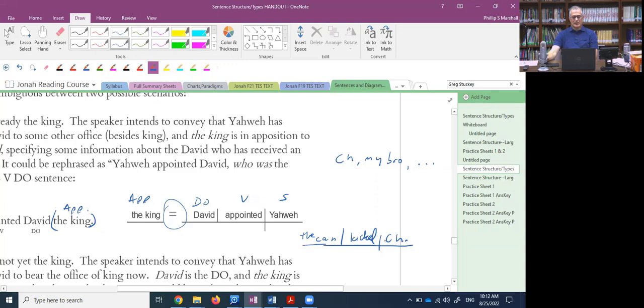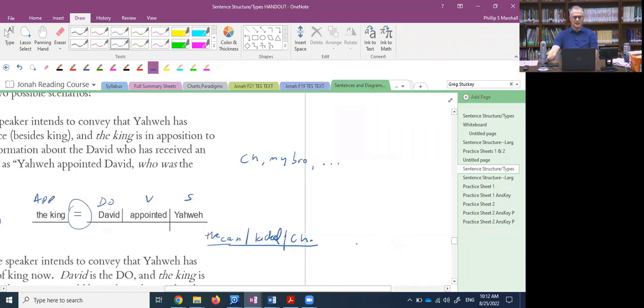Well, it's kind of hard to stick it on the left side of Charlie since I've got a verb right here in the way, don't I? So where would I want to put the appositive? It'll go on the right. Oops, sorry, doing Greek. So Charlie, my brother. There, the appositive is on the other side. Okay, so it really depends on whether you're dealing with a subject or an object, which direction that equal sign can go.